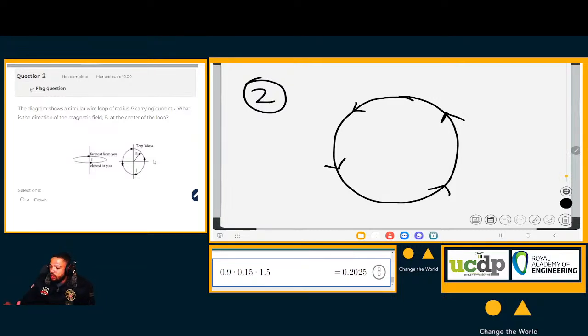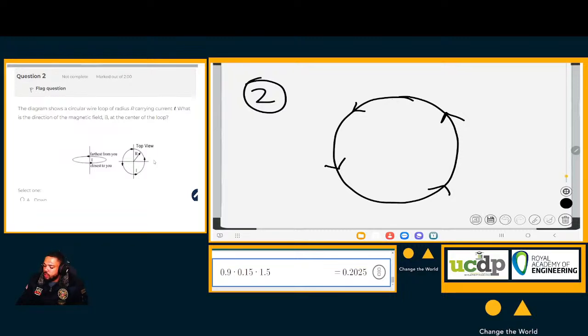Now, if you curl your fingers in the direction of the current and then point out your thumb, your thumb would point towards you, meaning it would come up out of the page.